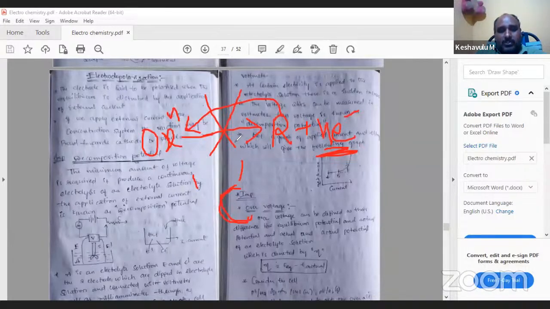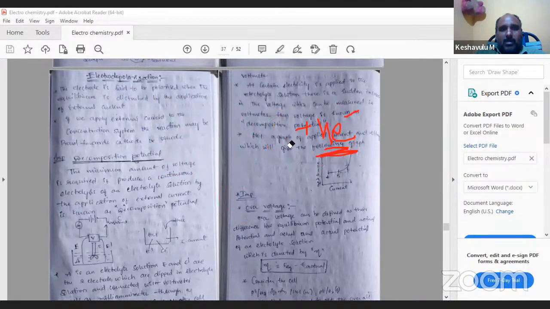At the equilibrium position, an equal amount of oxidation and reduction takes place. When we apply external current, sometimes the reduction process becomes more, or sometimes the oxidation process becomes more. This disturbance of the equilibrium between oxidation and reduction we call polarization. Is it clear?